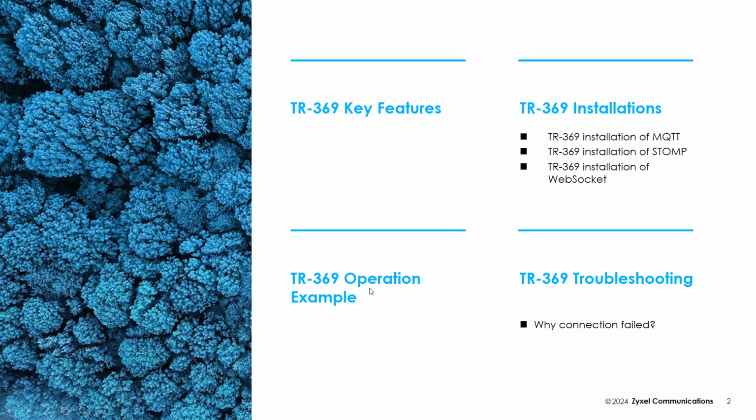In the last part, we will see what we can do when we encounter some TR369 related problems, like what kind of debug information we can collect and what methods we can use to debug the issue.